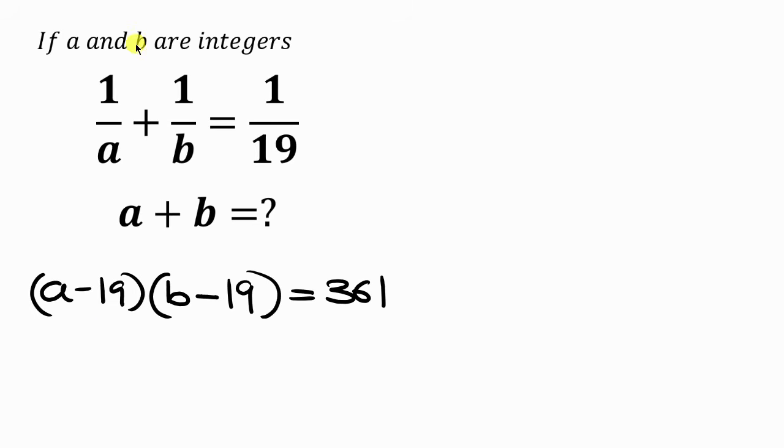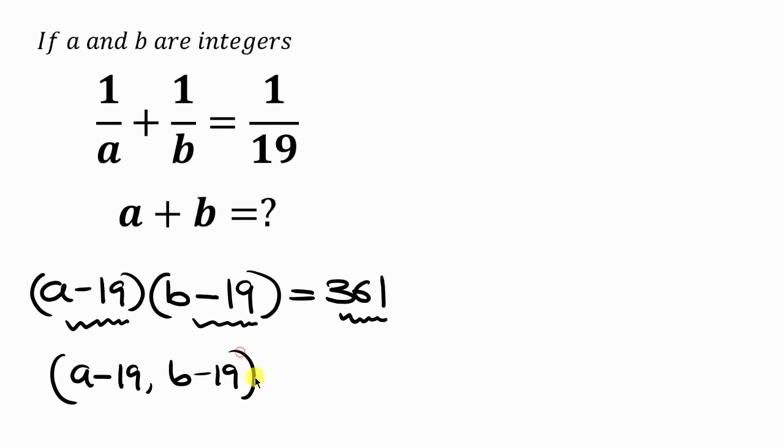And since A and B are integers, that means A minus 19 and B minus 19 must be a pair of integer factors of 361.